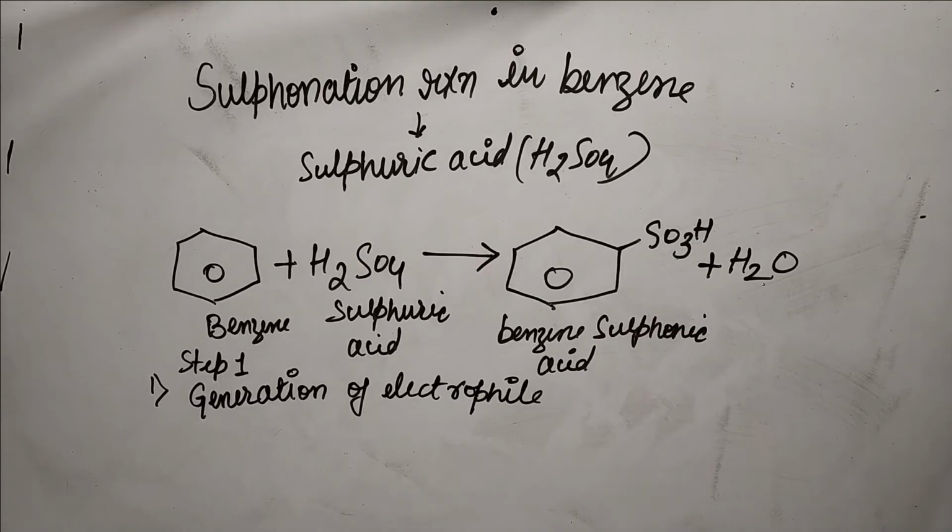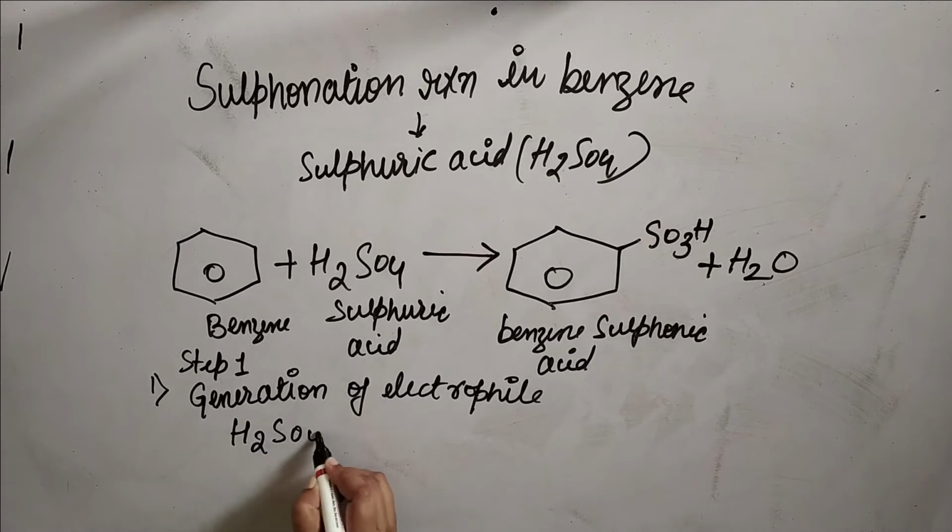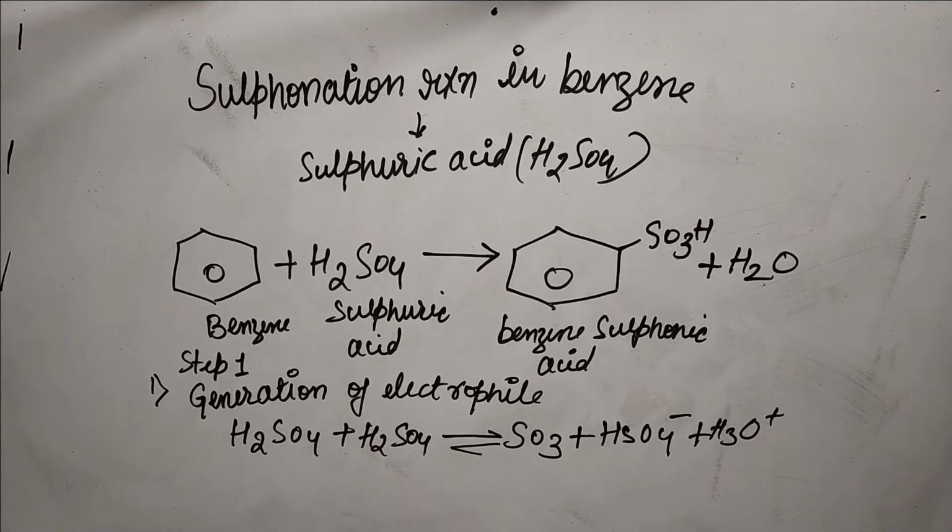So how will this SO3 generate? When two molecules of H2SO4 react with each other, they will form sulfur trioxide. Although sulfur trioxide is a neutral molecule, its sulfur atom contains a positive charge.